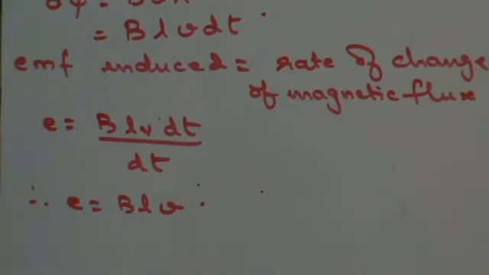So once you have this, on the basis of this, then you can state your Fleming's right hand rule.